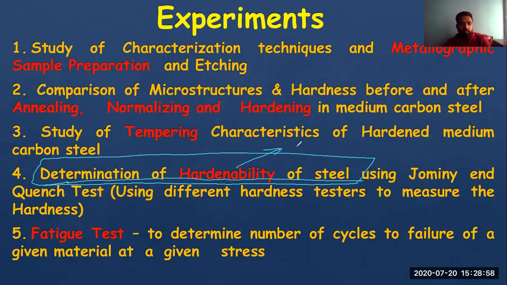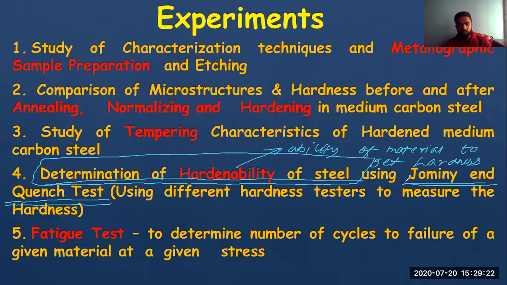Okay. And hardenability is, again, I am repeating, the ability of a material to get hardened. How much hard can it get? For that, you use a standard setup that is called the Jominy end quench setup, and that test is called the Jominy end quench test. You try to measure the hardness value. You also measure the hardness value, but this is how hard you can make the material.